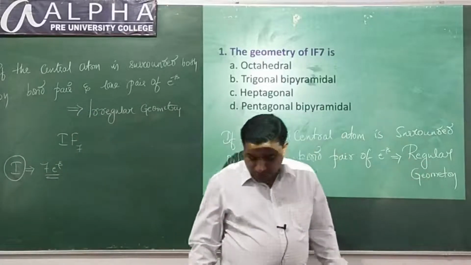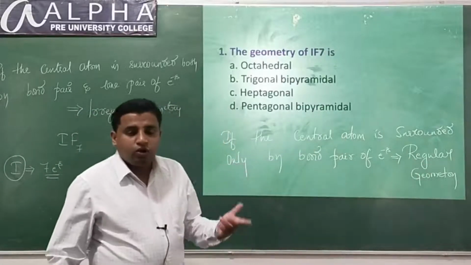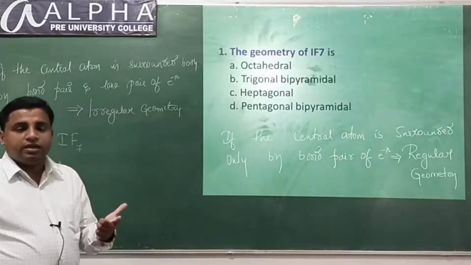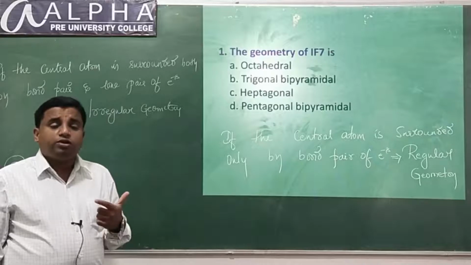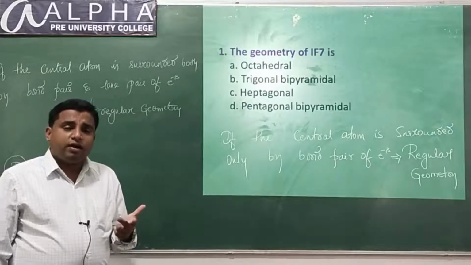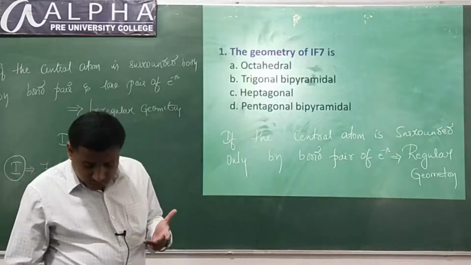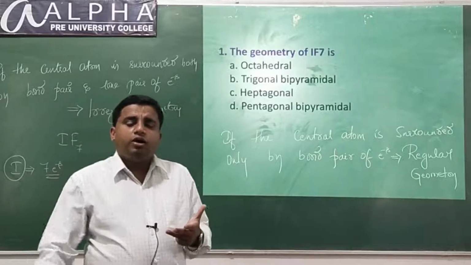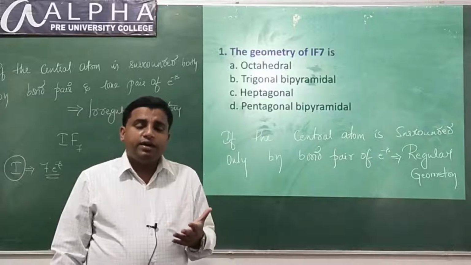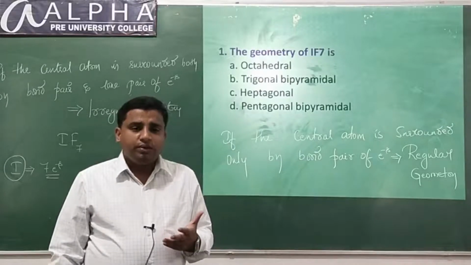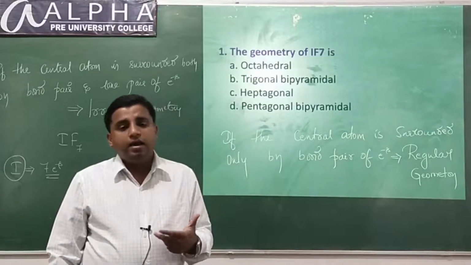Regular geometry. For regular geometry, we know sp hybridization is linear, sp2 is trigonal planar, sp3 is tetrahedral, sp3d is trigonal bipyramidal, sp3d2 is octahedral, and sp3d3 is pentagonal bipyramidal.